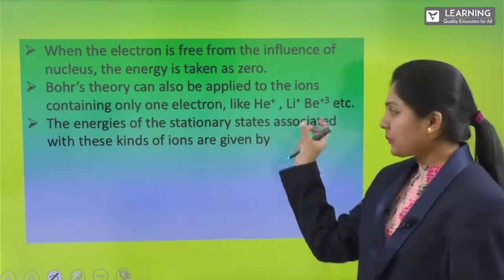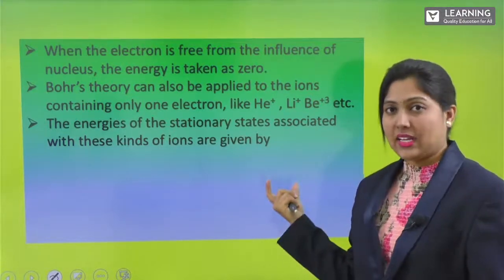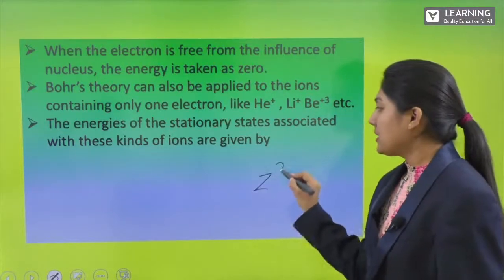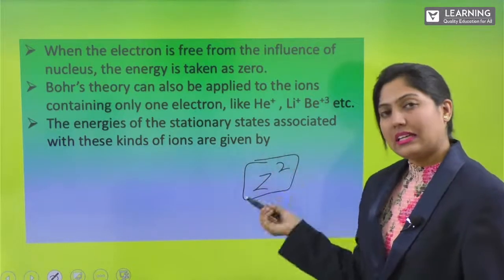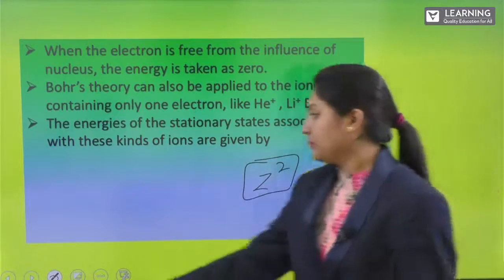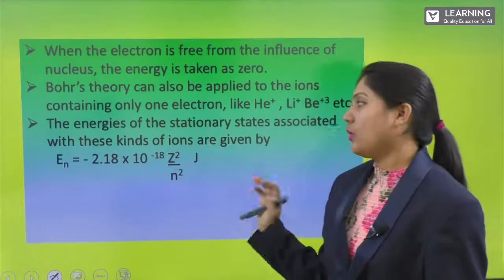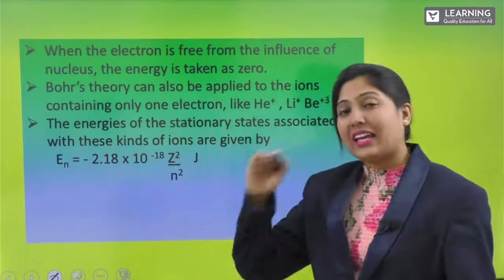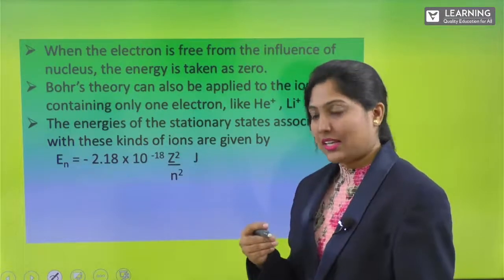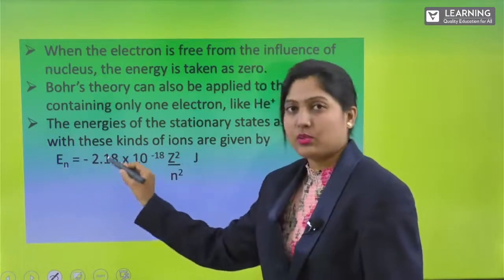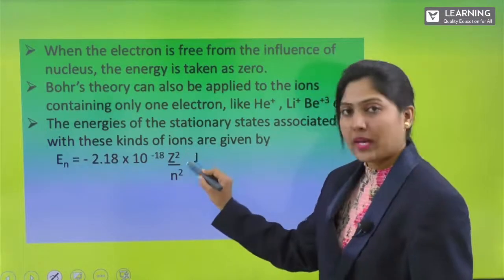As I say, you can also take this for similar kinds of hydrogen atoms, but you should remember that Z square is important here. The Z changes for helium, lithium and beryllium, where it is 1 for hydrogen. So here you have the equation, where the energy of the stationary states will be given as En is equal to minus 2.18 into 10 raised to minus 18 into Z square by N square.